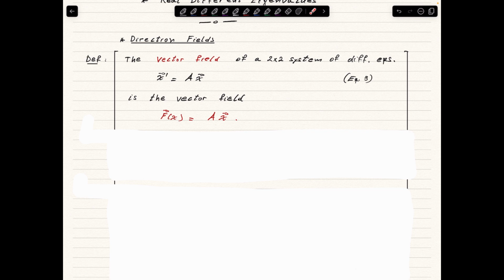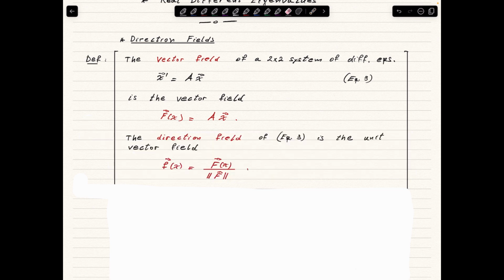Now the direction field associated to the equation is nothing more than a normalized version of this vector field. That is, the direction field of this equation is a unit vector field given by this function f divided by its own length.